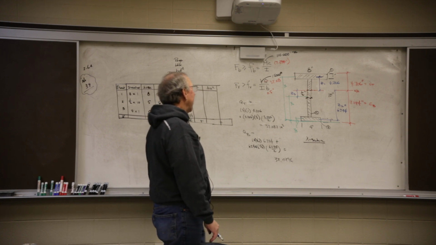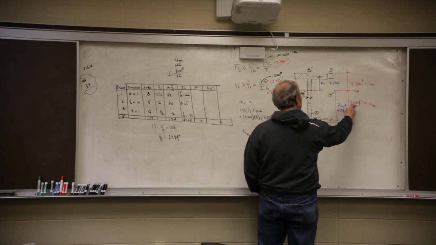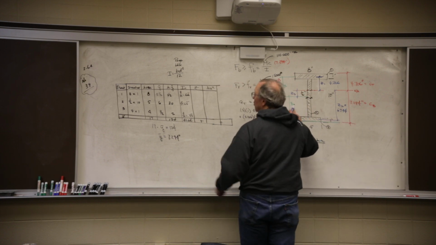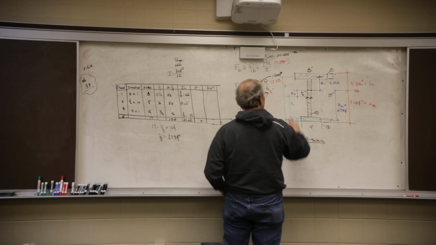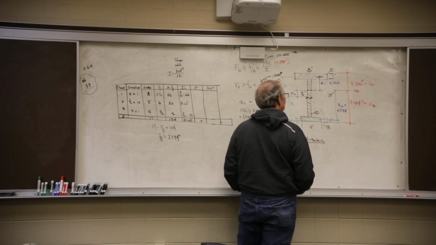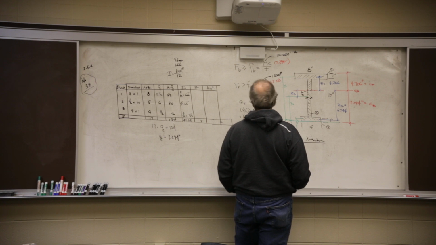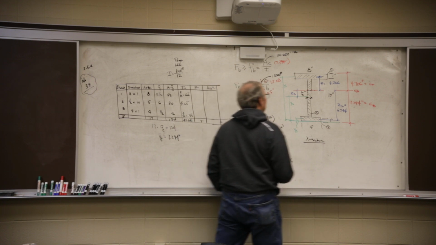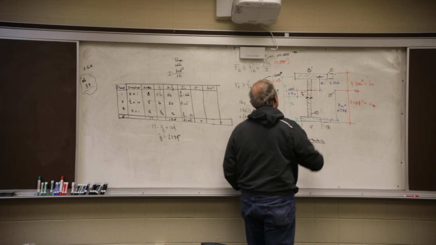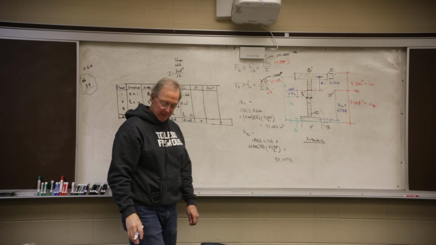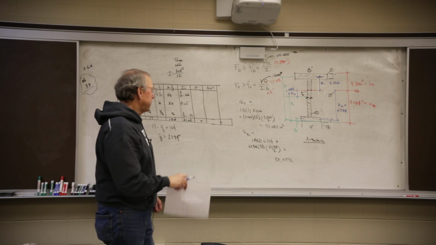And then this guy, it looks like if I take this and subtract y2, and y2 was 6, so if I subtract 6 from there, I've got 1.294. There's my 3.